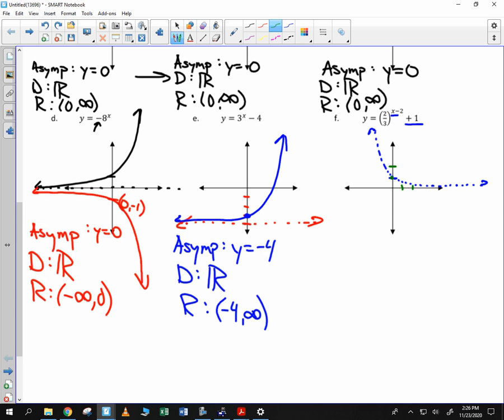This coordinate of 0, 1 is going to shift up 1 unit and then to the right 2 units. So it's going to go through there. That's its new point. It's going to go through 2, 2 as opposed to 0, 1. Also, this horizontal asymptote is going to shift up 1 unit to be that location.